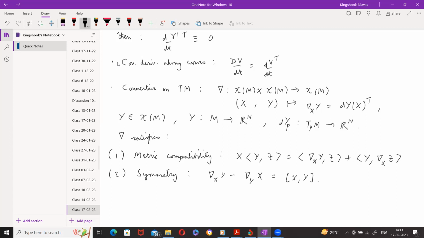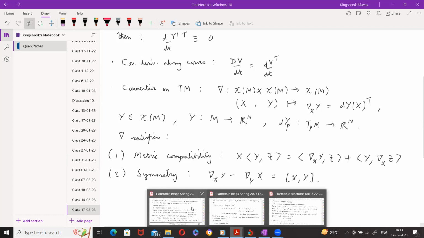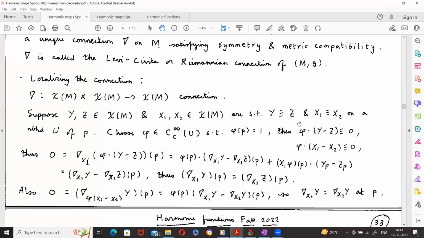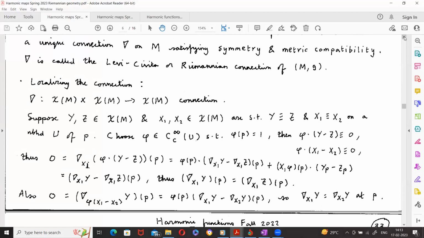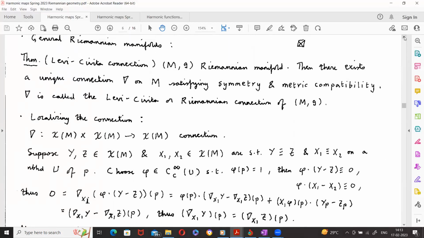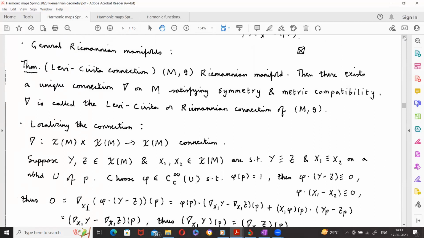So these two properties this induced connection satisfies. So then we can now state what's called the fundamental theorem of Riemannian geometry, which says that, so we were talking about submanifolds of Rn, but now we can take a general Riemannian manifold. So (M, g) is any Riemannian manifold, not necessarily embedded in Euclidean space.